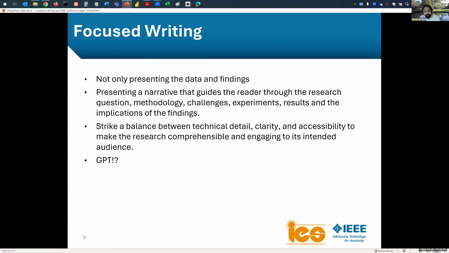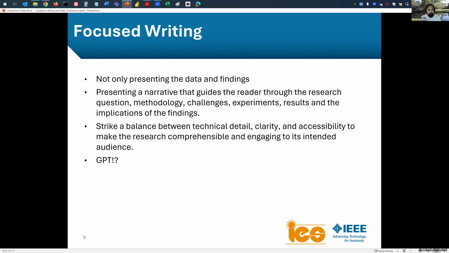The conferences and journals actively discourage you from using the tool purely to write. So that's a strong no. Do not use it. But a mild yes is to improve your writing. If your first language is not English, you have to think in your own language, and you translate that into English when you start writing.